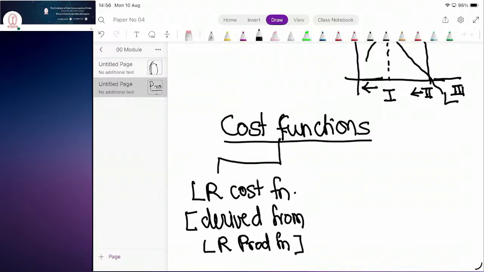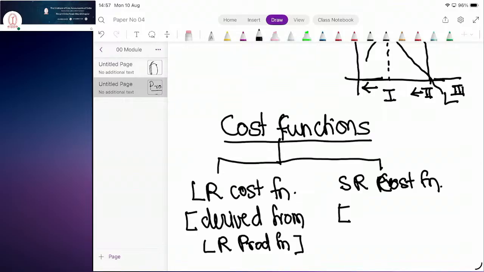And the more important short run cost function is derived from the short run production function.